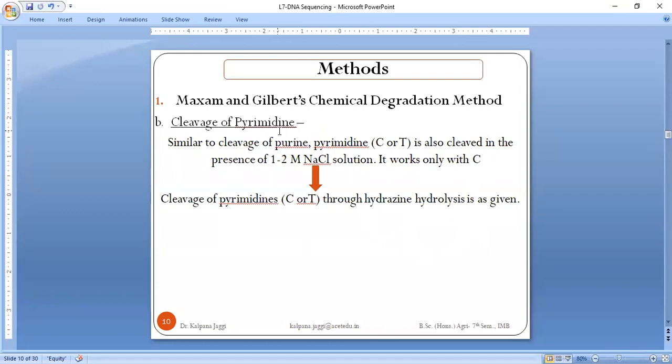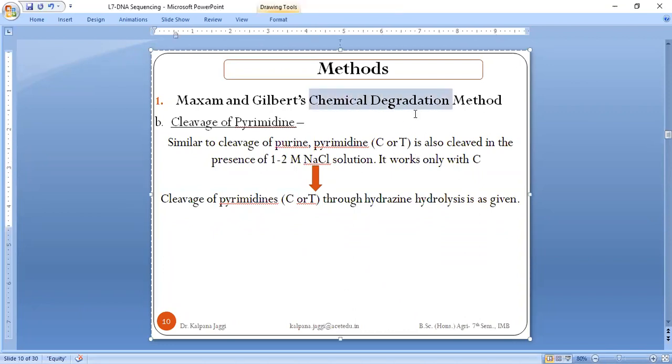And when we say pyrimidine, the word is large. That means it consists of a single ring structure, that is cytosine and thymine. And here again, it is being discussed under chemical degradation. So we need to treat with 1 to 2 molar sodium chloride. In the purine we added piperidine.